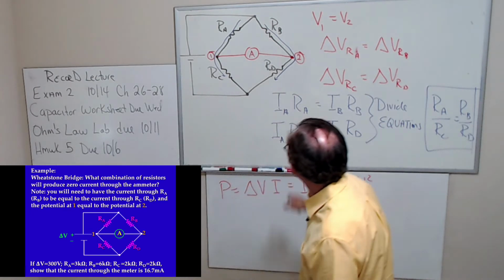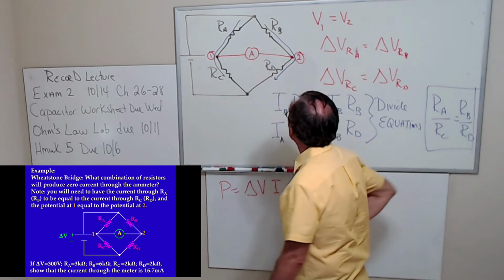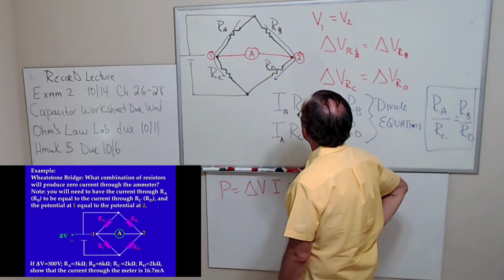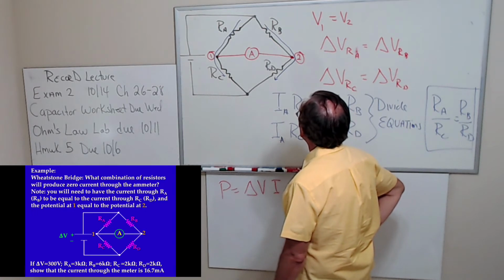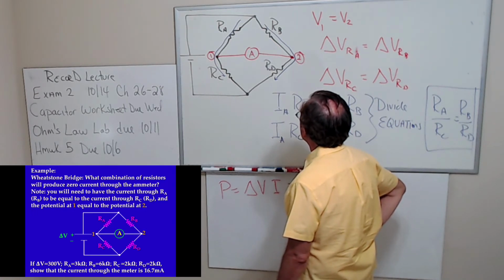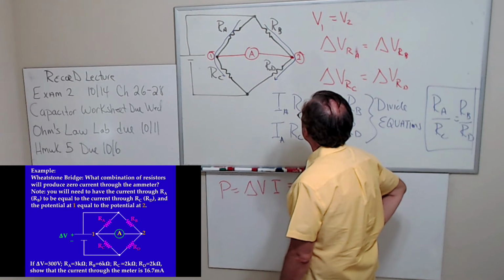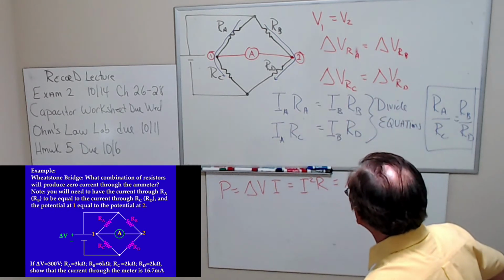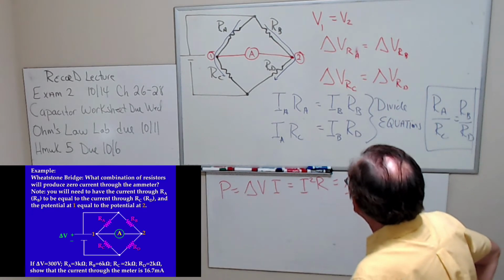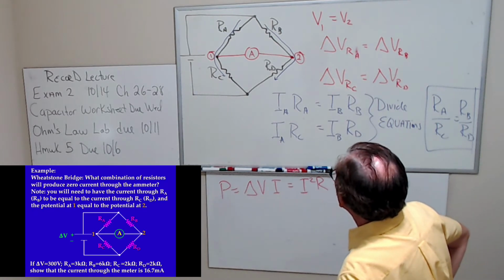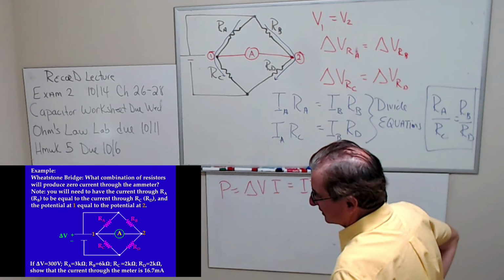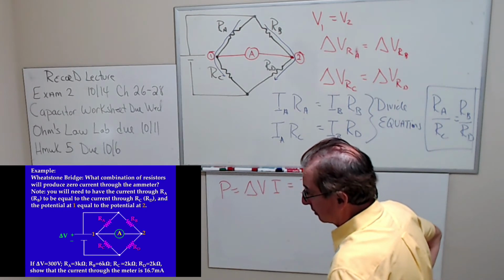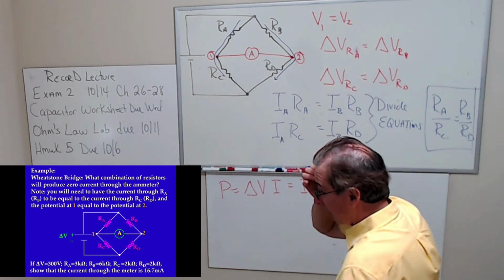If you put a voltmeter between these two points, and let me think about the voltmeter. I guess you can use a voltmeter. The ammeters, they use something really, it's not really an ammeter. It's called a galvanometer, which is more sensitive than an ammeter.